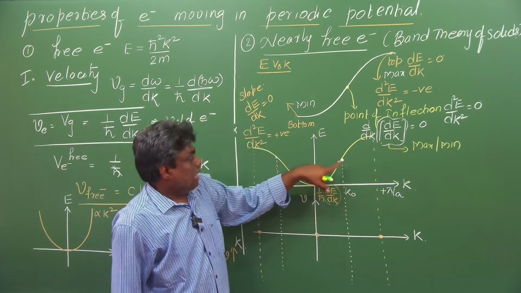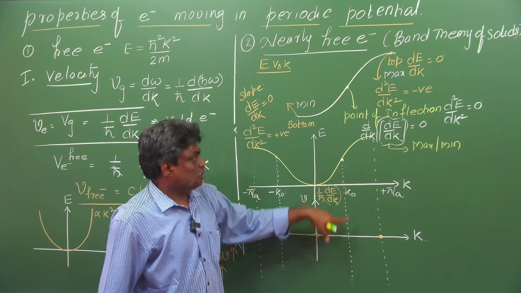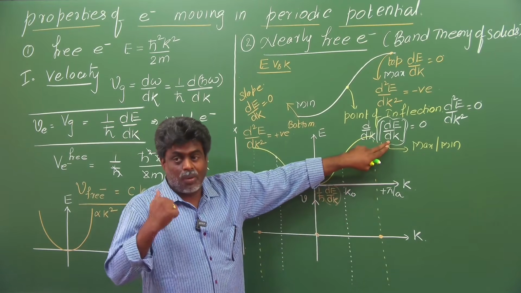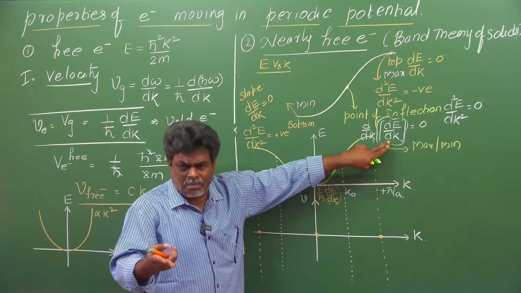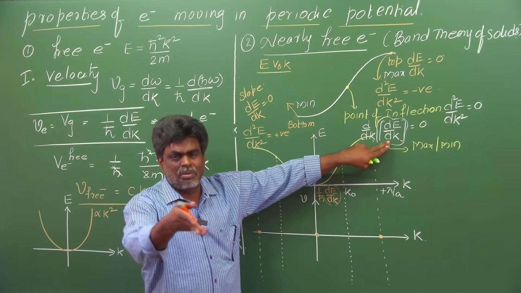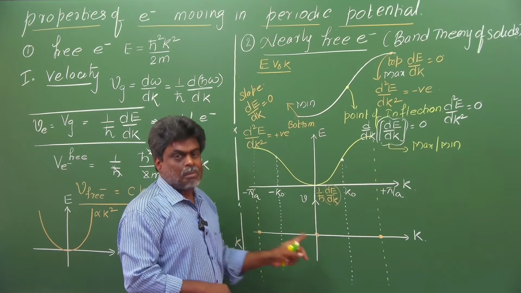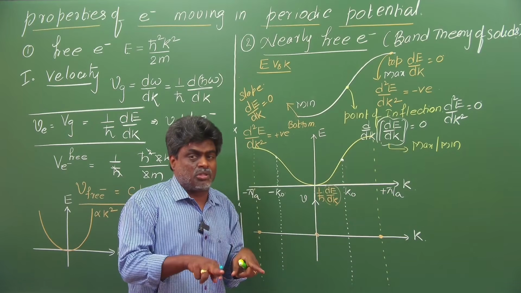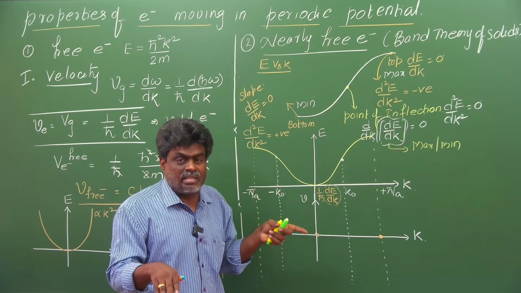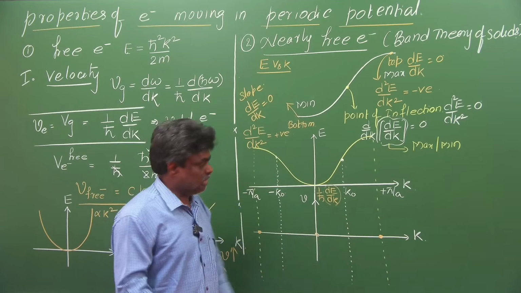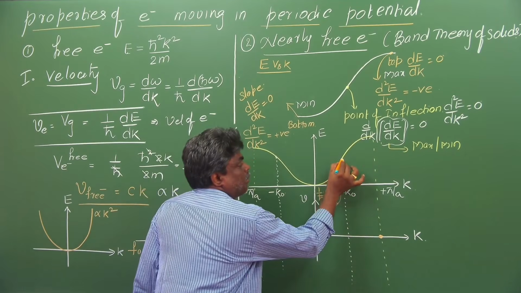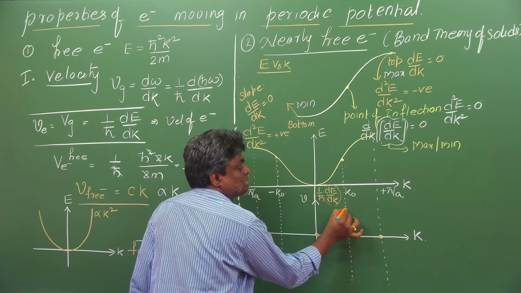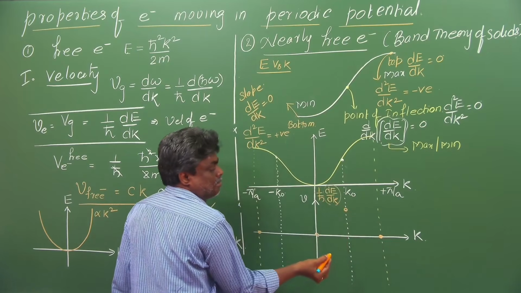And at the point of inflection, you are saying it's a constant. Okay, what is that constant? Maybe maxima, maybe minimum. A minimum value means you can take a negative value. A maximum value you can take as positive. Understand? If k is positive, velocity is positive. If k is negative, velocity is negative. That's good. Now, at the point of inflection, should your velocity be maximum or minimum?